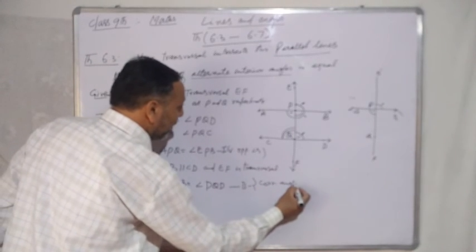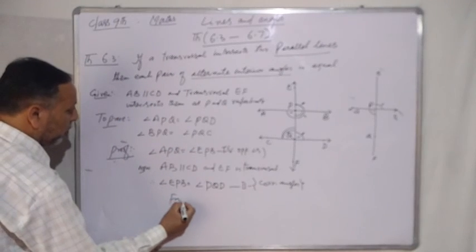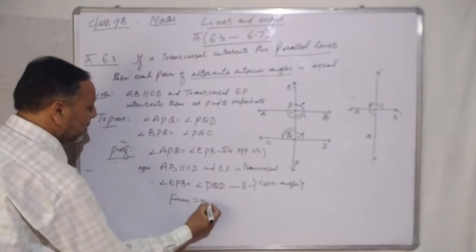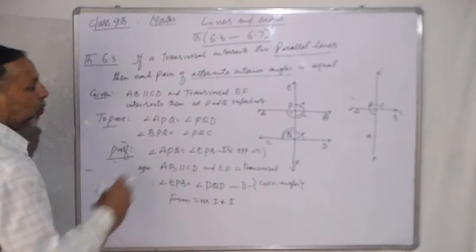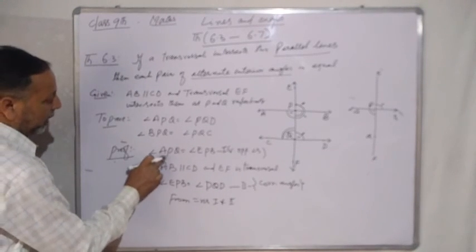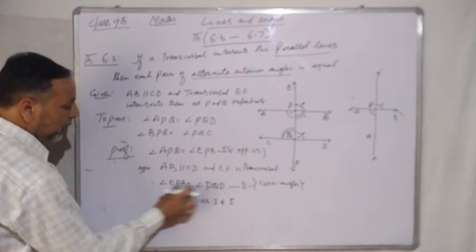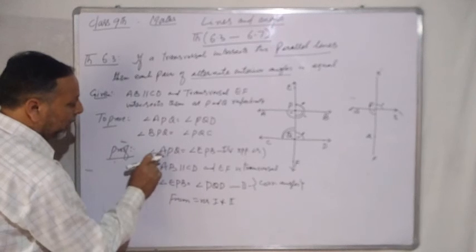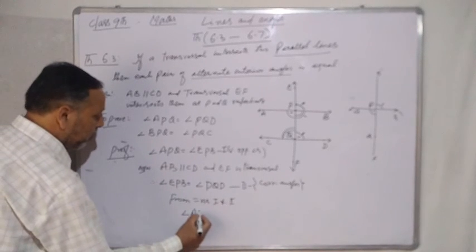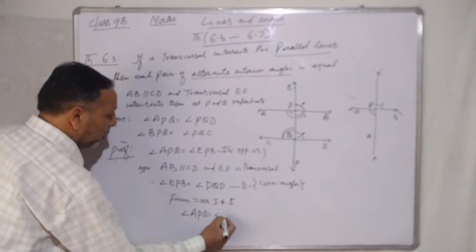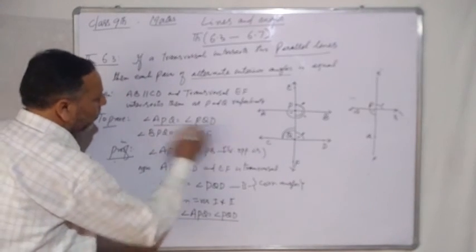Now from equations first and second, what we conclude? We conclude that if angle APQ is equal to angle EPB and angle EPB is equal to angle PQD, we conclude that angle APQ is equal to angle PQD. This was our required result.